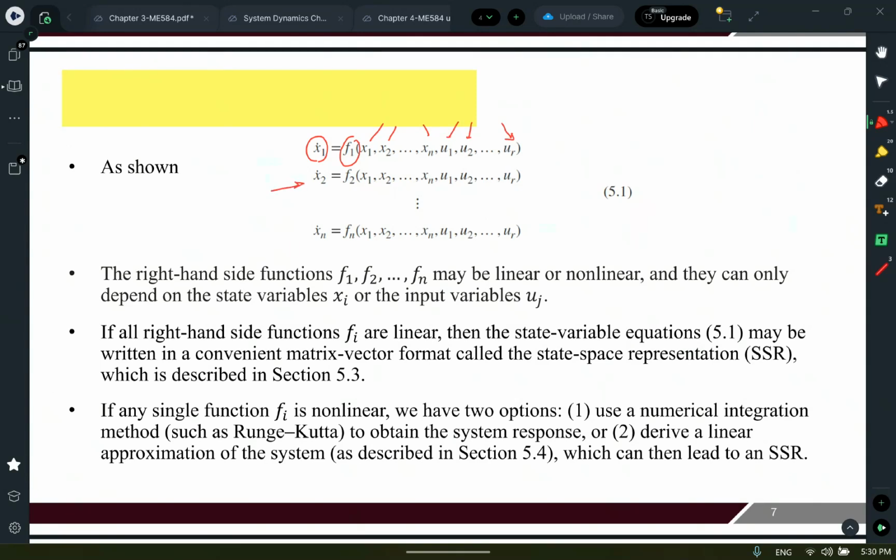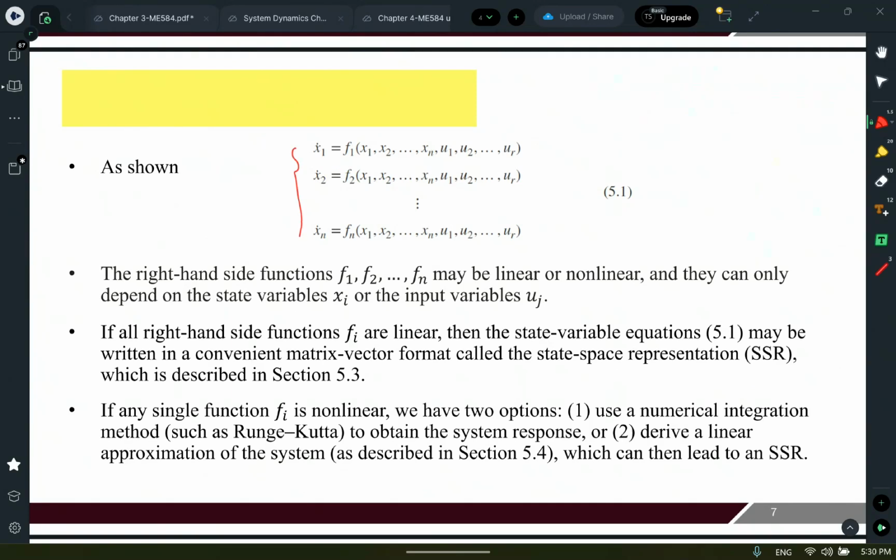Similarly, you will have x dot 2, another processing function, and x dot n, another processing function. So with n states, you end up with n first order differential equations.